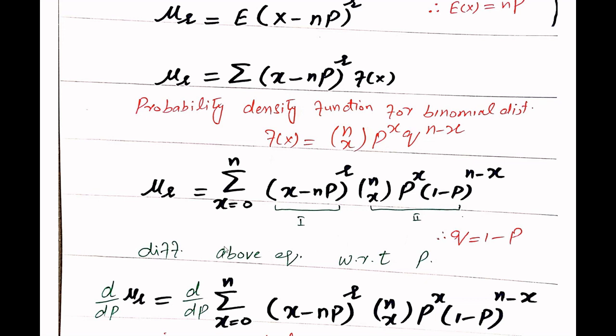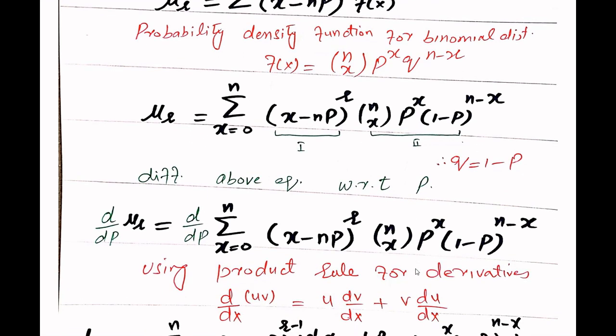This is first term and this is second term. So differentiate this equation with respect to p. d over dp of mu r, d over dp of this equation. So using product rule for derivatives, because we have two terms and these two terms are multiplying with each other.